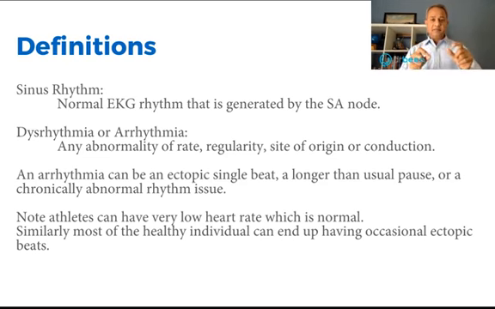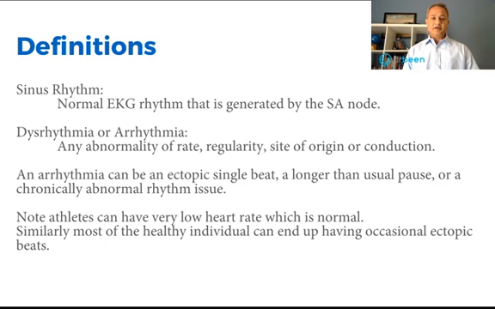A missing beat is also arrhythmia. And it happens in individuals. Sometimes we have this expression that I heard this news and I skipped a beat. It happens. And you don't have to go about fixing that and figuring out what to do about it. It just happens. So keep that in mind, that sometimes arrhythmias happen in normal individuals without any issues, and you don't need to go and fix them.